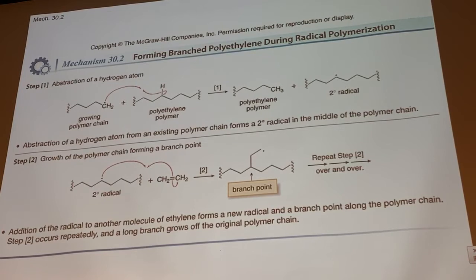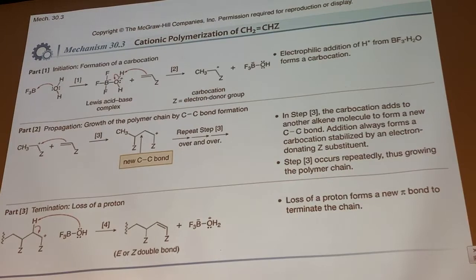Okay? So branching is an inevitable consequence of radical polymerization of polyethylene. So LDPE is the form of polyethylene that is formed via radical polymerization. Any questions? All right, so another type of polymerization is cationic polymerization.